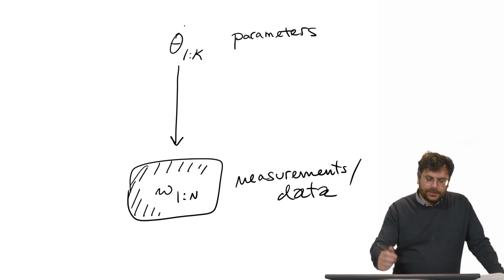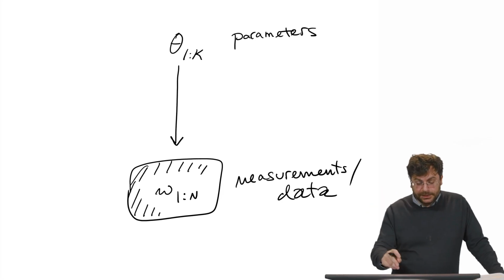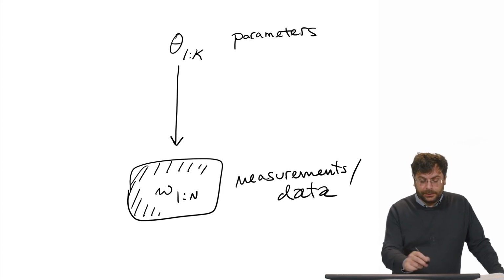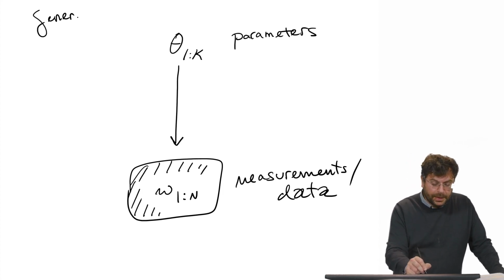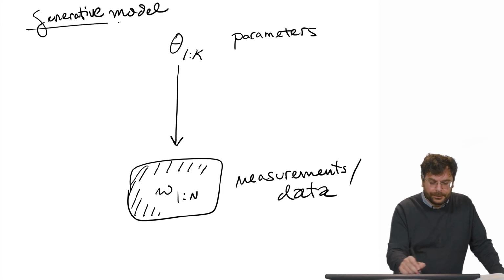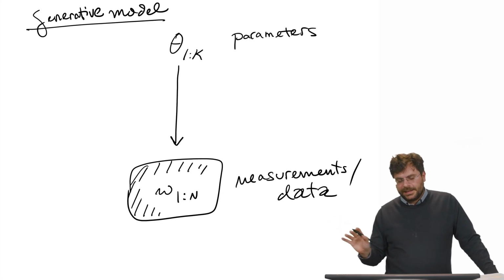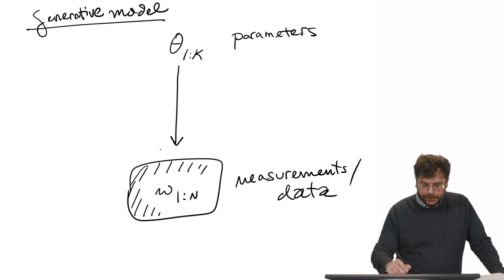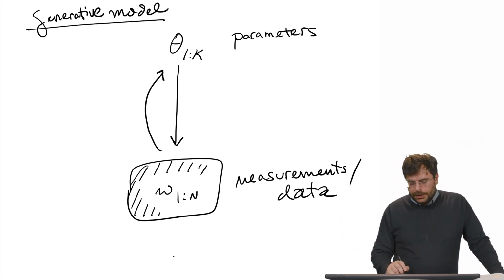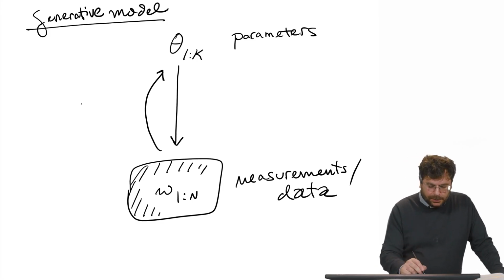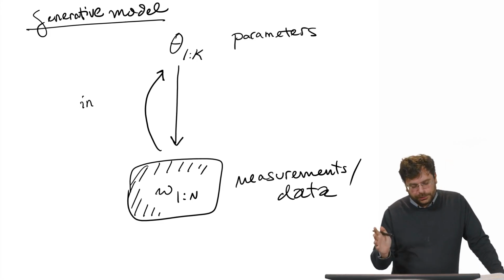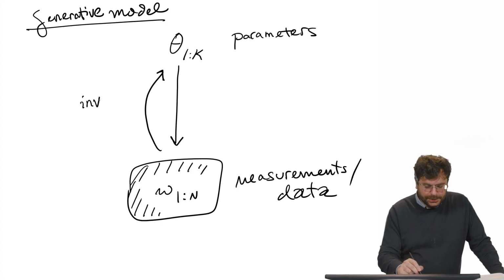And sort of the philosophical thought process of going from models that have parameters to the data itself is called a generative model, because your parameters in your model are what generate the data. And the whole point behind this class and what we're doing is to go from the data to the model, or more specifically, the model parameters. And this is called inverse modeling.